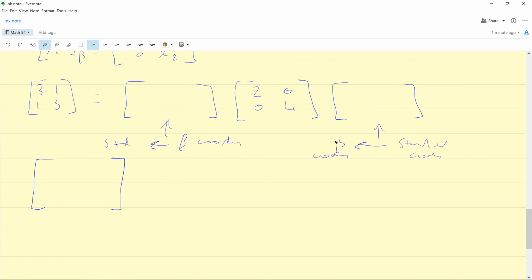It'll be one of these two. Oh, wouldn't the first matrix just be the eigenvectors we found? P? Yeah. So this one is the one where the column vectors are the eigenvectors. And does this go from standard coordinates to B coordinates or from B coordinates to standard coordinates?